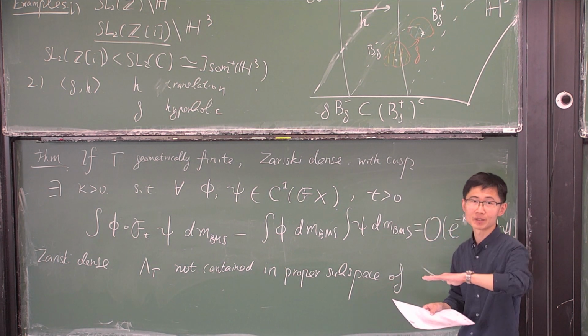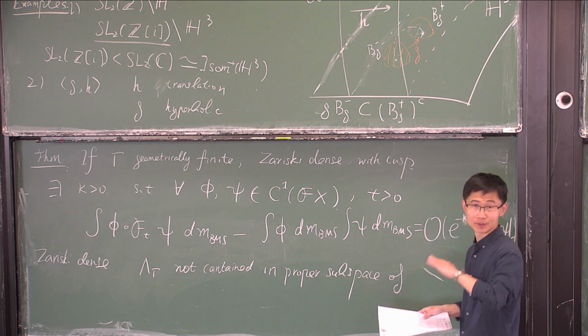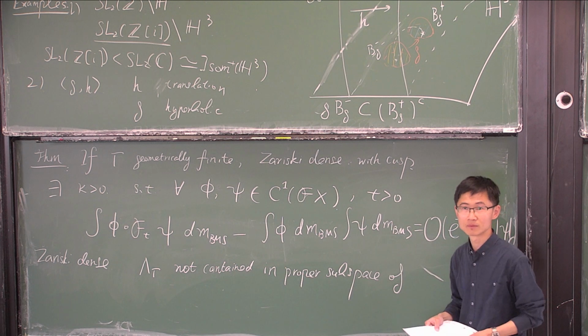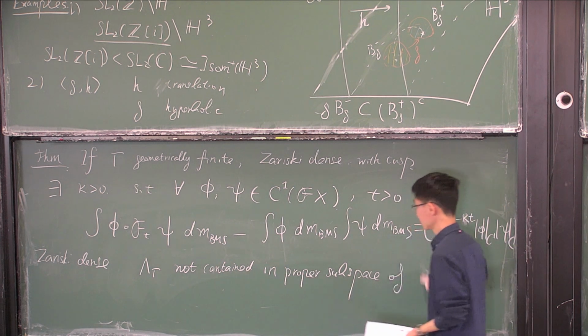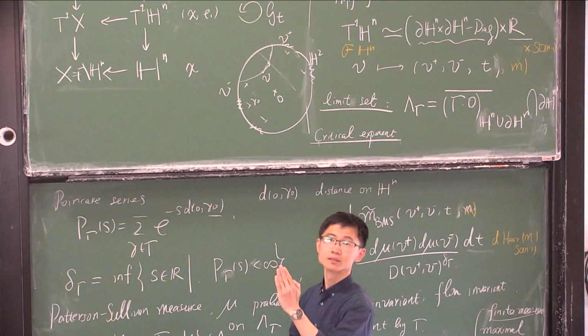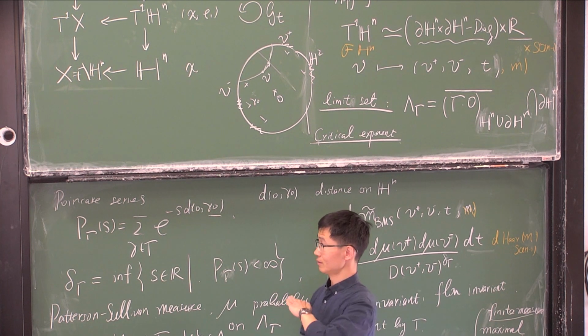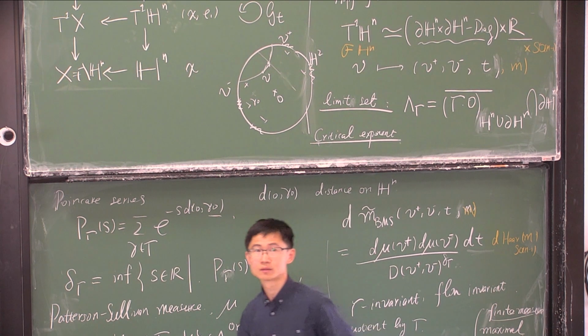If you look at the boundary as a sphere, it's not in some large circle. If it's contained in some subspace, then the support of the measure will also be smaller, and you cannot go in all the frame directions. There's some direction fixed, but in that case you can just consider a lower dimensional case.